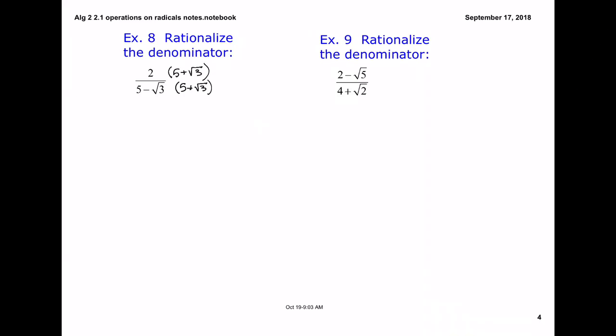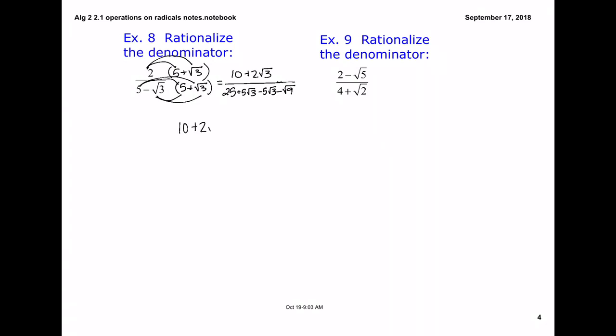When we distribute our top, 2 times 5 gives us 10. 2 times root 3 gives us positive 2 roots of 3. In the denominator, 5 times 5 is 25. 5 times root 3 is plus 5 roots of 3. Negative root 3 times 5 is negative 5 roots of 3. Negative root 3 times positive root 3 is negative root 9.